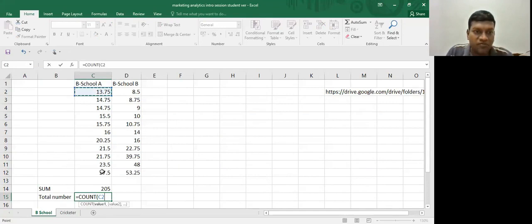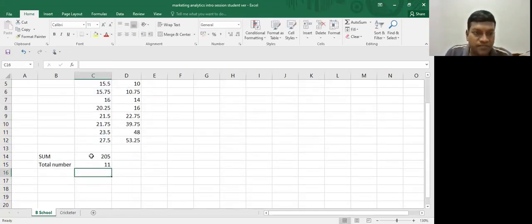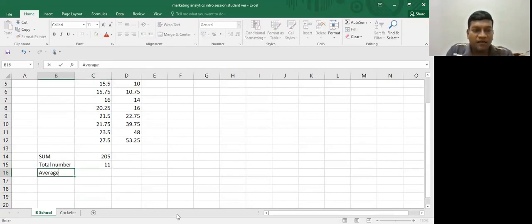So it counts the number of observations in the data set, and I'll say average. Average is this number divided by this number.